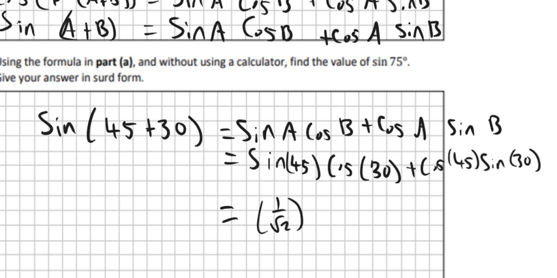So by doing this, then you're not using the calculator, so this is what they want you to do. Cos of 30 is root 3 over 2. Then you have to do plus, so cos of 45 is 1 over root 2. And sin of 30 is a half.